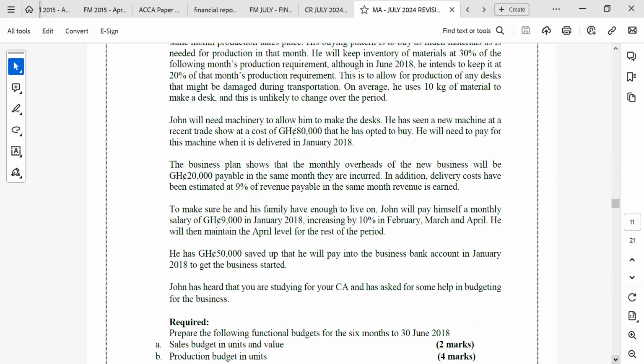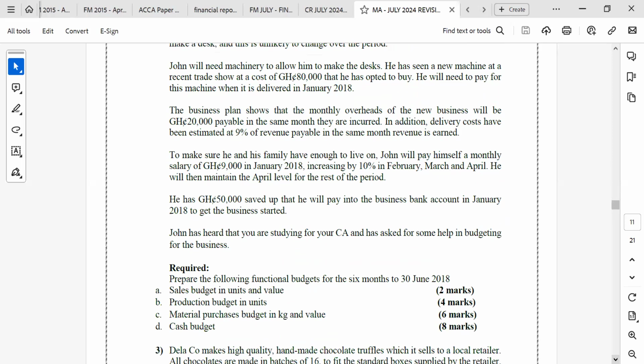To make sure he and his family have enough to live on, John will pay himself a monthly salary of 9,000 in January 2018, increasing by 10% in February, March, and April. He will then maintain the April level for the rest of the period. He has 50,000 Ghana cedis saved up that he will pay into the business bank account in January 2018 to get the business started.